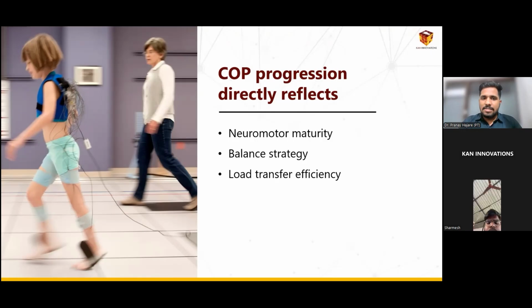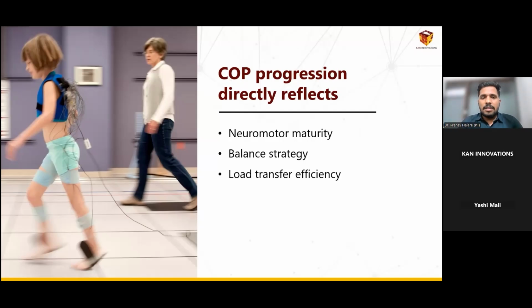Next is balance strategy. Balance strategy tells you how COP movement shows how the body maintains stability. Mediolateral deviation indicates poor postural control or compensation. A stable COP with minimal sway indicates effective balance control.